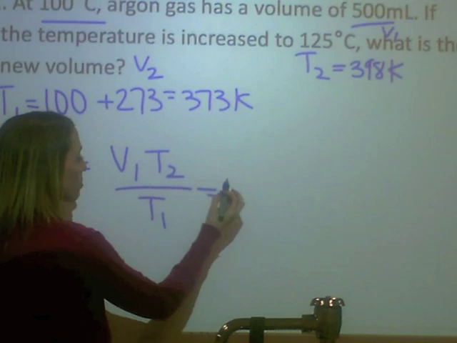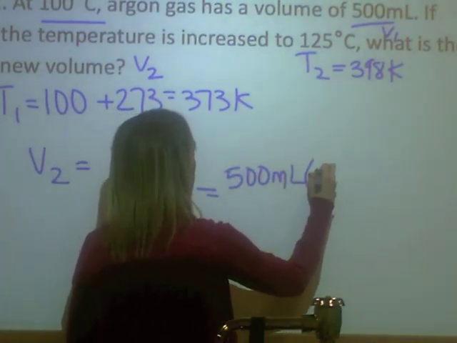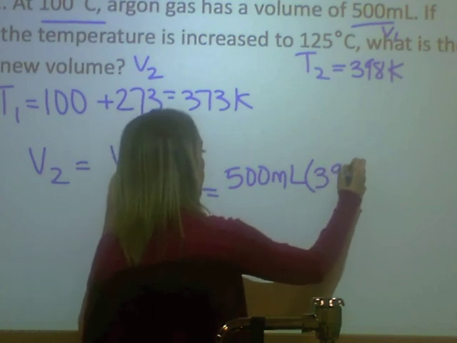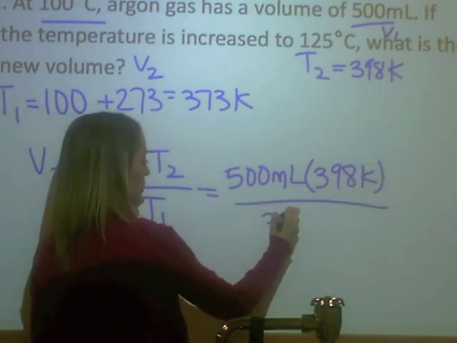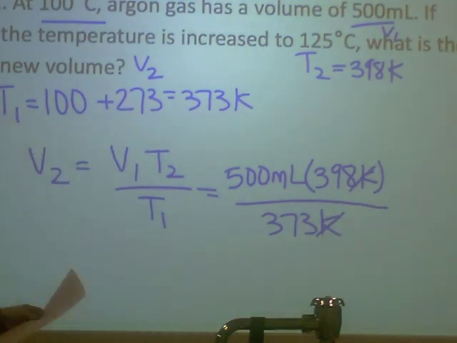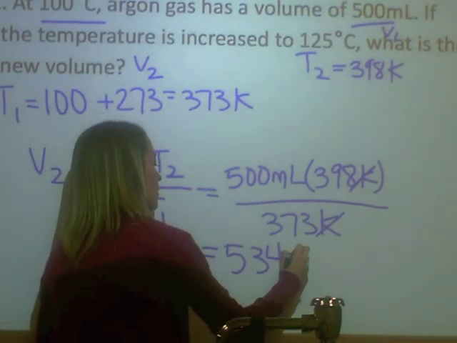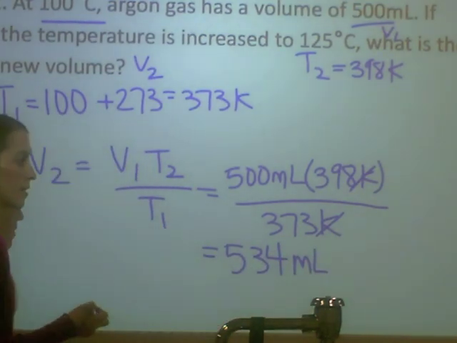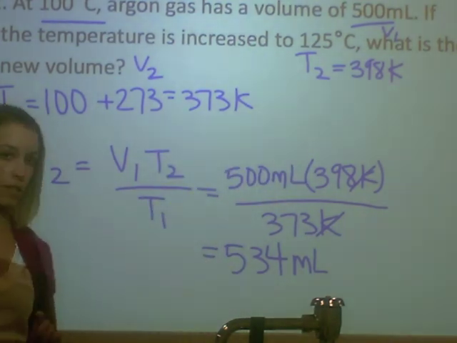So all we do is plug and chug. 500 milliliters times 398 Kelvin, T2, divided by T1, which was 373 Kelvin. My Kelvin units will cancel. And my final answer is 534 milliliters. Which again also makes sense because the temperature increased, so our volume is going to increase as well.